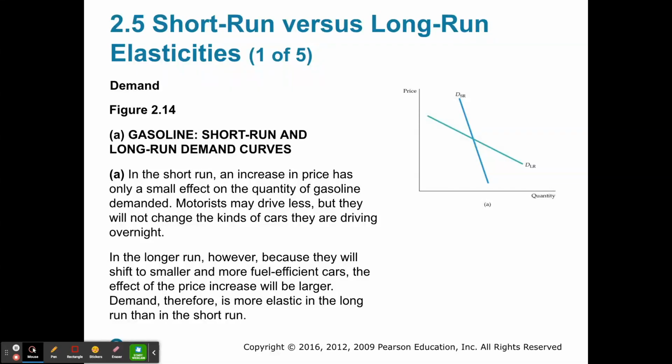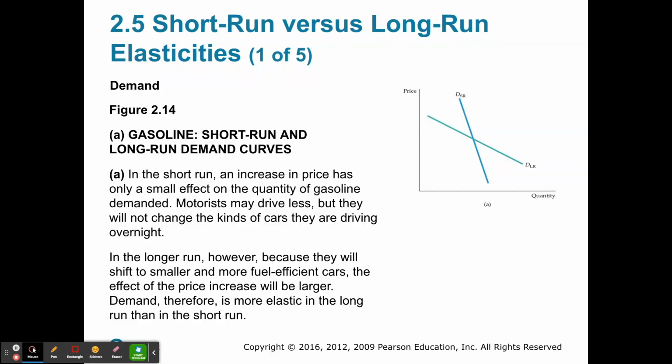Now, one of the key determinants of elasticity is the time frame that we're talking about. What we tend to see is that as people have a longer time period, they do become more elastic in the long run than in the short run.